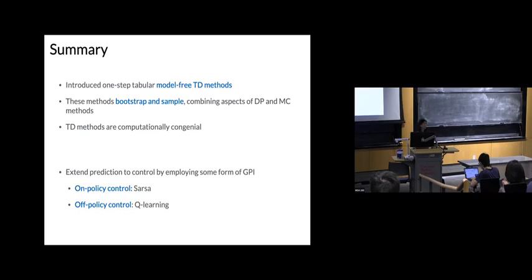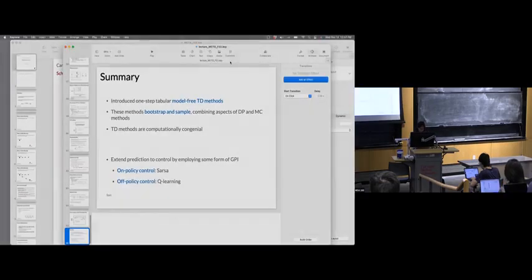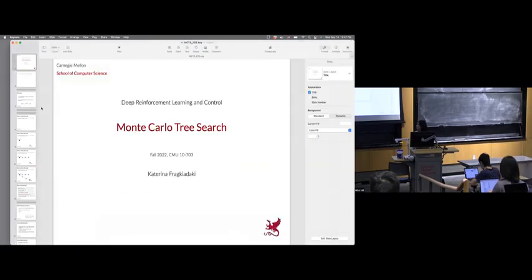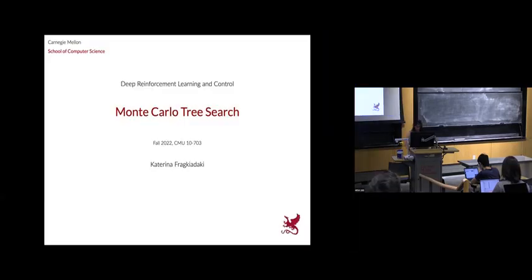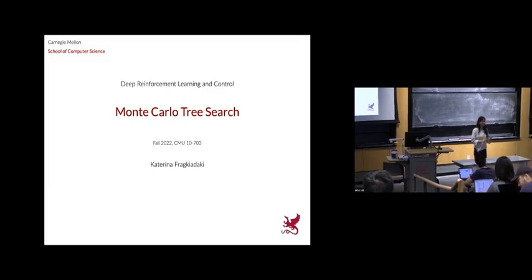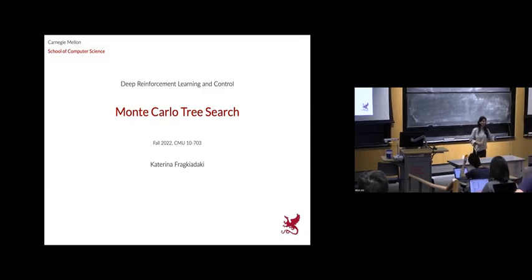Now I would like to jump to Monte Carlo tree search. I really want you to pay attention because in the next lecture, on Monday, we'll talk about deep Q learning.